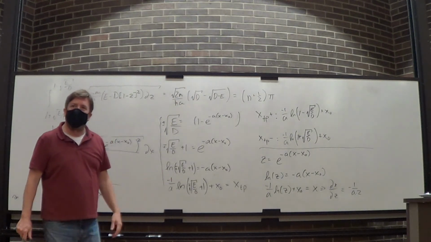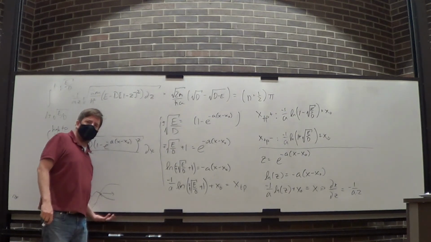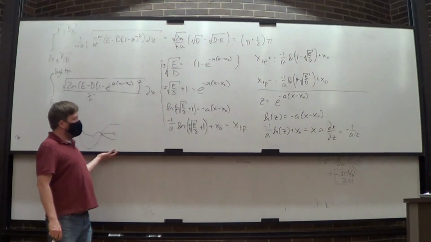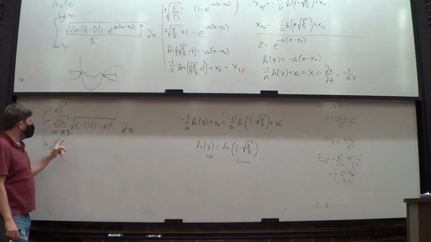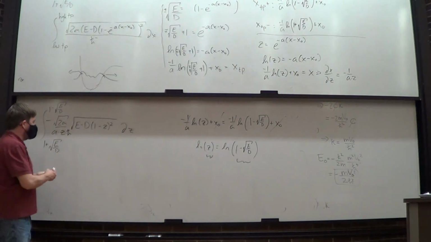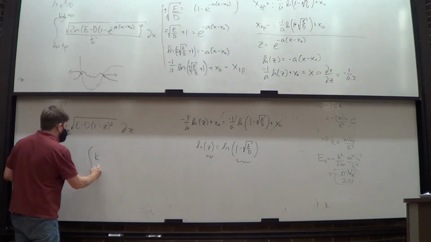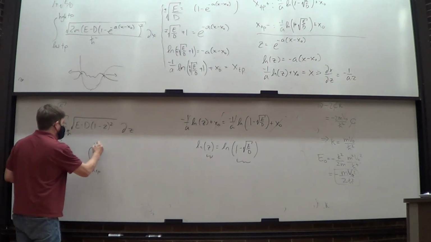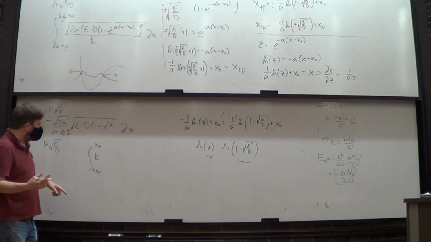I think I was stuck at the very beginning. I tried doing many things, but nothing was working. Well, yeah, so WKB, this is the K vector. You're integrating the K vector from one turning point to the next. And in the particle in the box, that was 0 to L. In this case, it's what we just figured out.